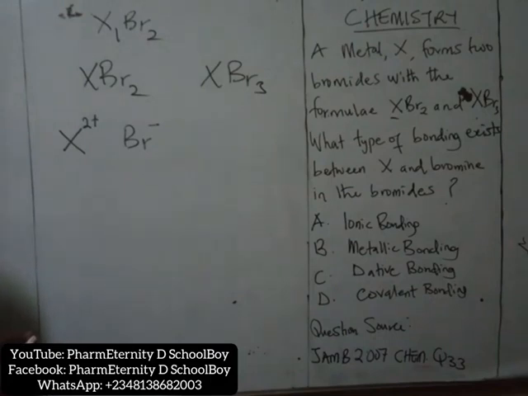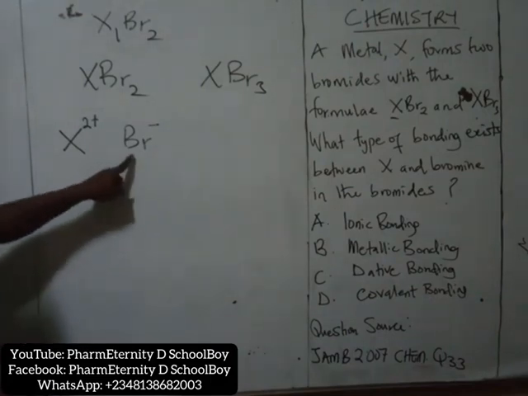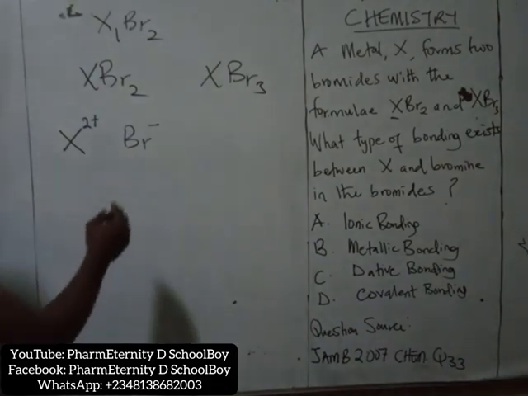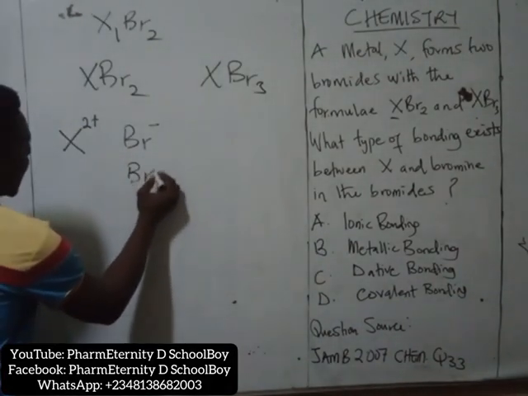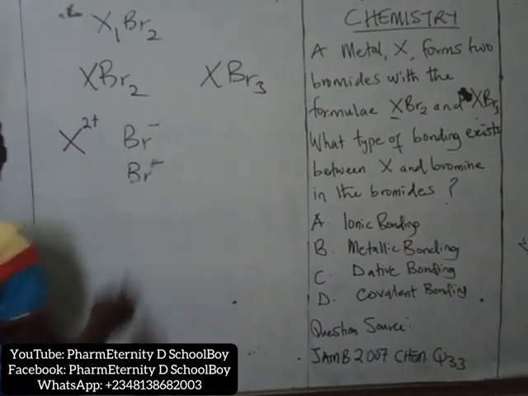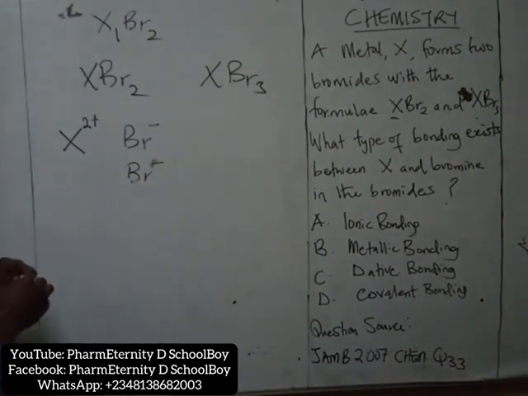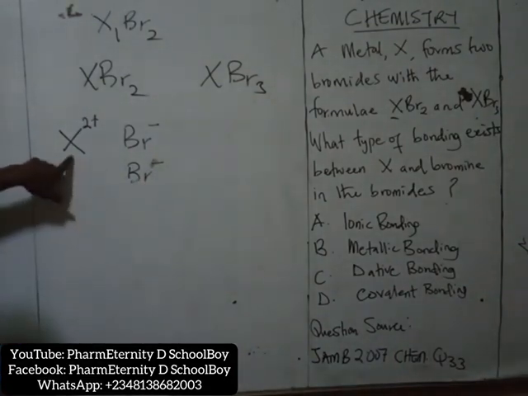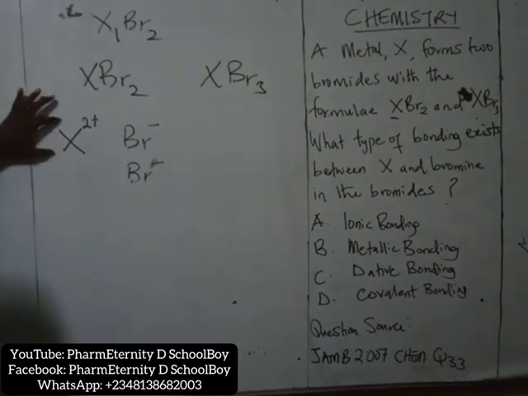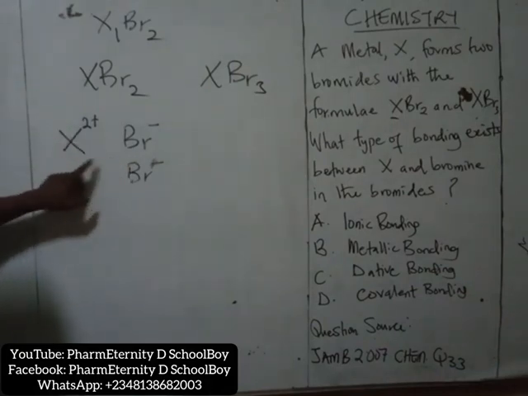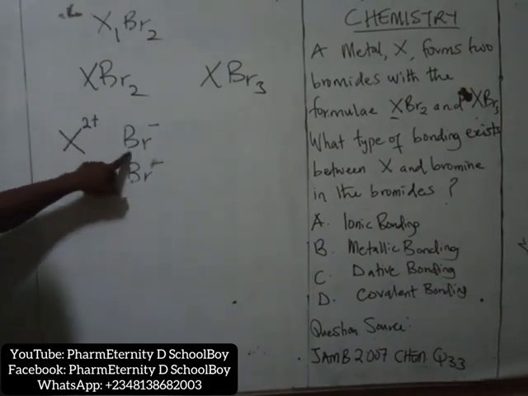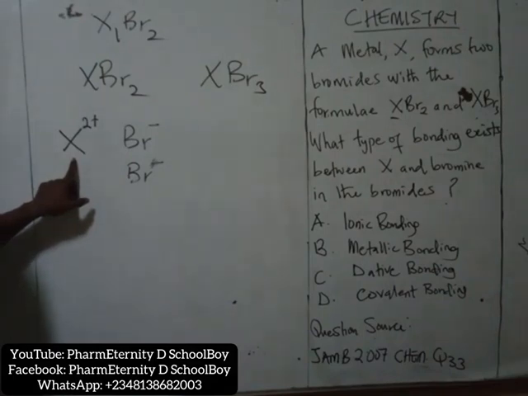Now, what does this also imply? This implies that it requires two bromide ions to completely form this ionic bonding between the bromide ion and the X ion.